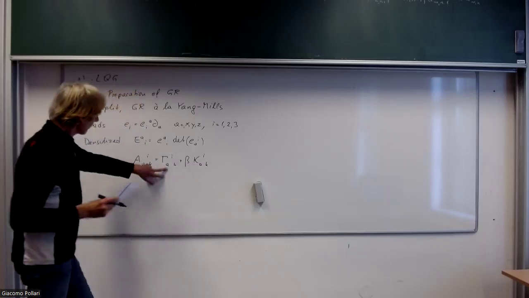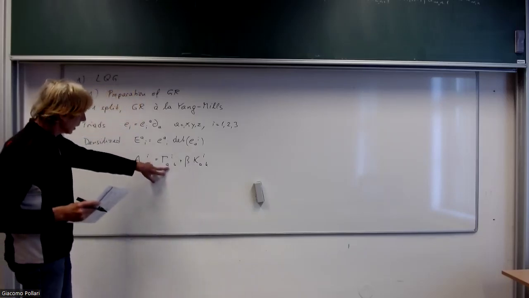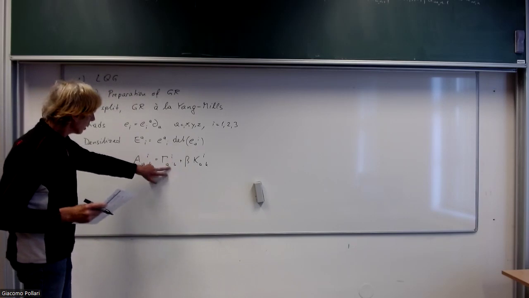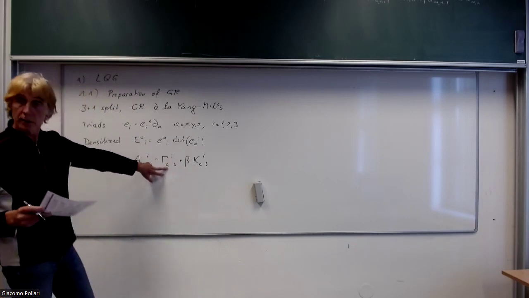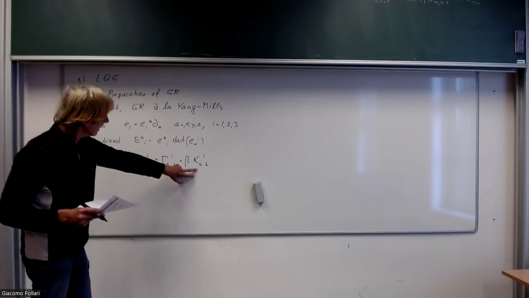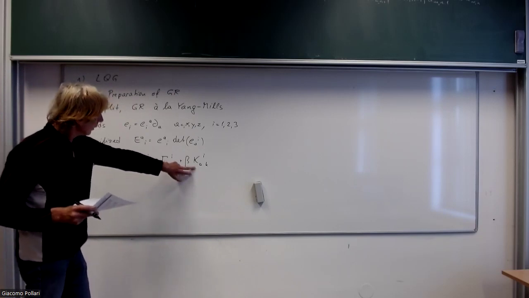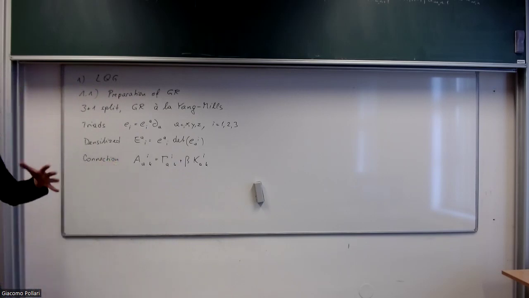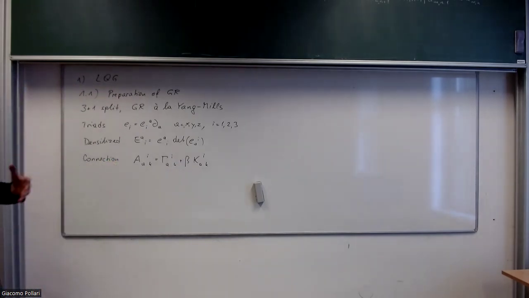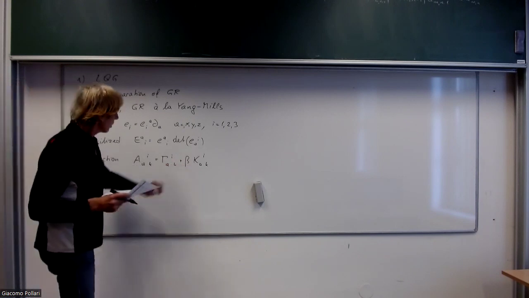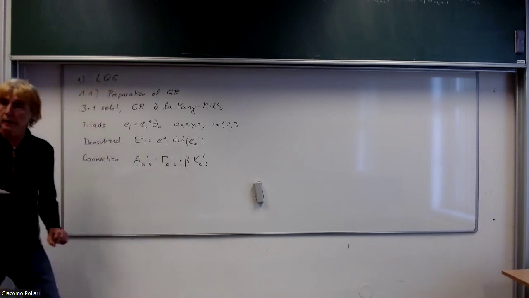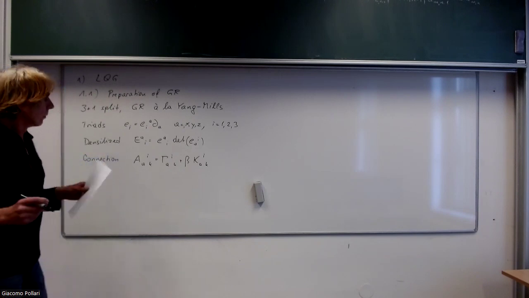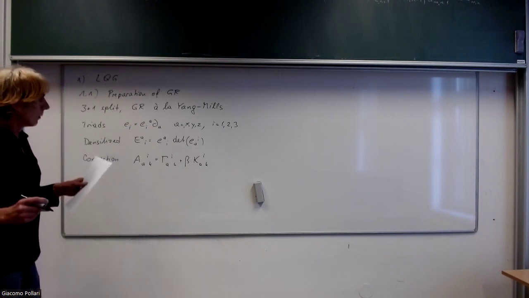Now this Gamma is a spatial spin connection for these spatial variables, the spatial spin connection, which is torsion-free, and K is derived from the extrinsic curvature, so how the hypersurfaces are embedded into a 4-dimensional manifold, and beta is called the Immirzi parameter. And this K_a has to do with the time component.